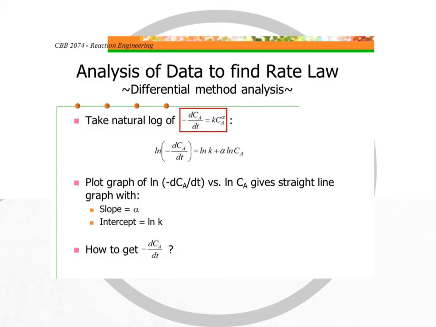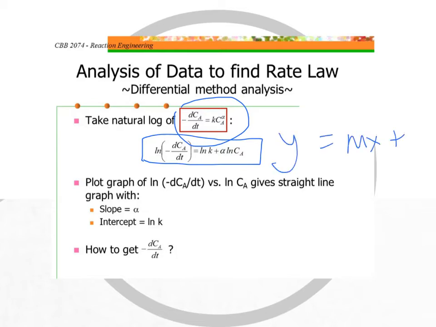If you look at this particular form, in order to make it a natural log so that you get the form y equals mx plus c, you plot a straight line of ln(-dCA/dt) versus ln CA.